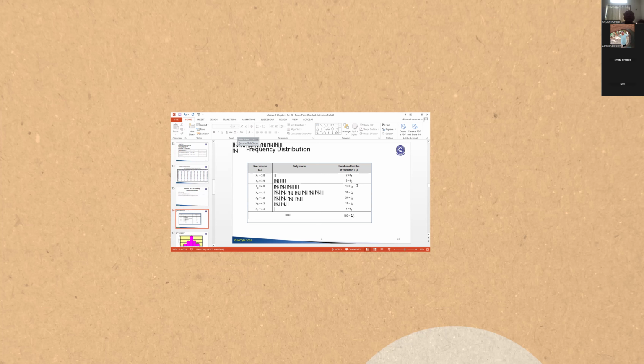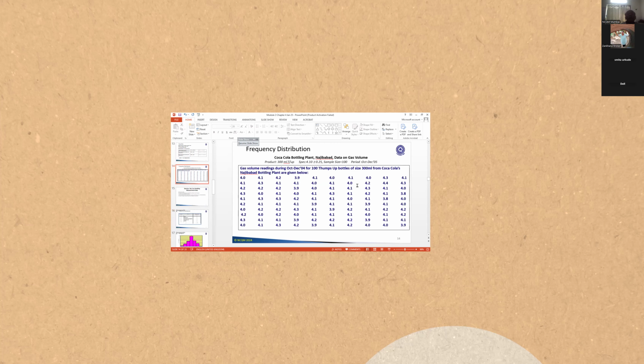So for the complete data, the highest and lowest points are observed. Gas volume in this data, you find out what is the lowest. If you trace it among this data, you will find 3.8 is the lowest gas volume and 4.4 is the highest gas volume.